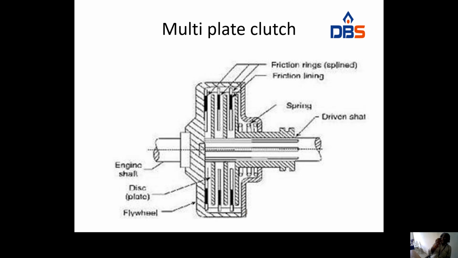Generally coiled springs are used to create the friction. On top of the clutch plate there is friction lining, and here there is a spring. In a single plate clutch we use a diaphragm spring, but in a multiplate clutch we use coiled springs to engage and disengage the clutch.